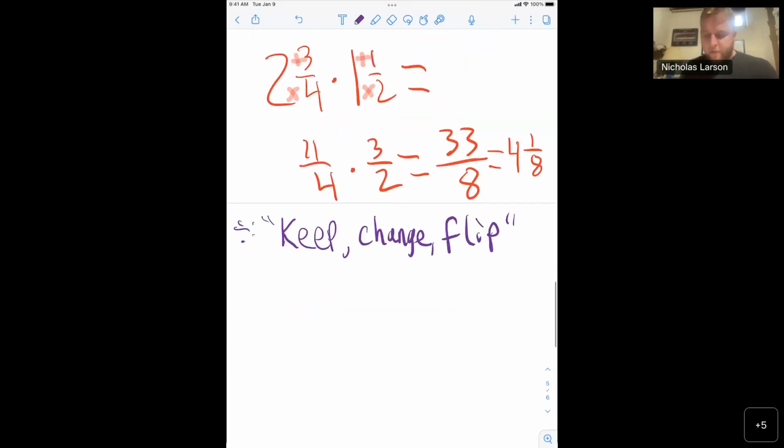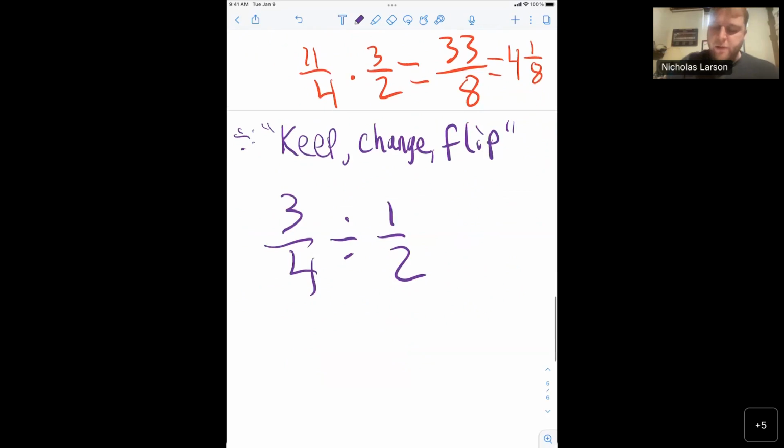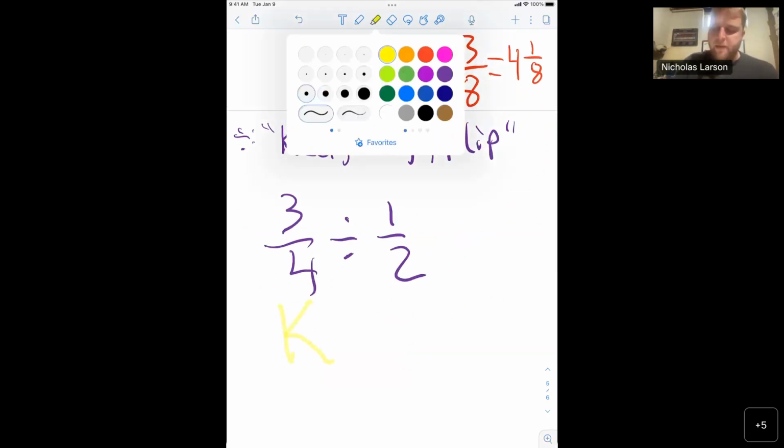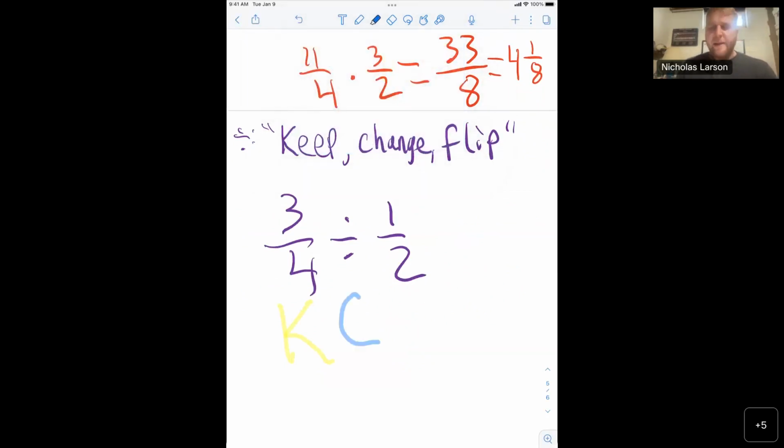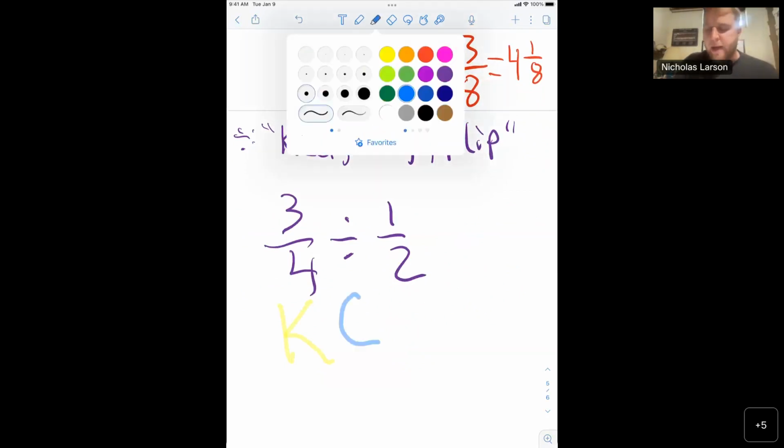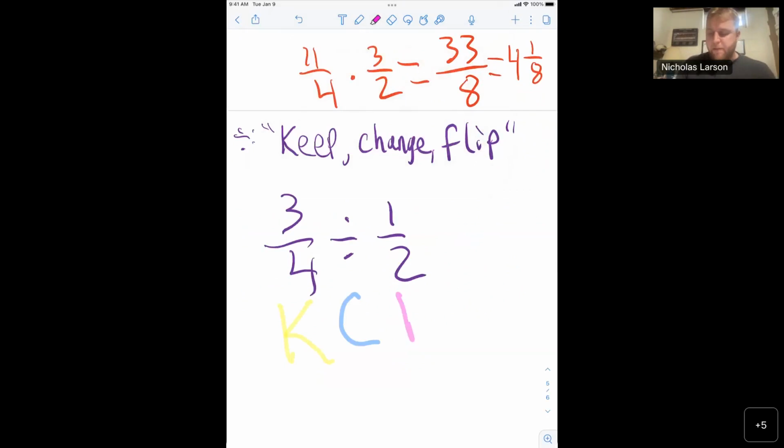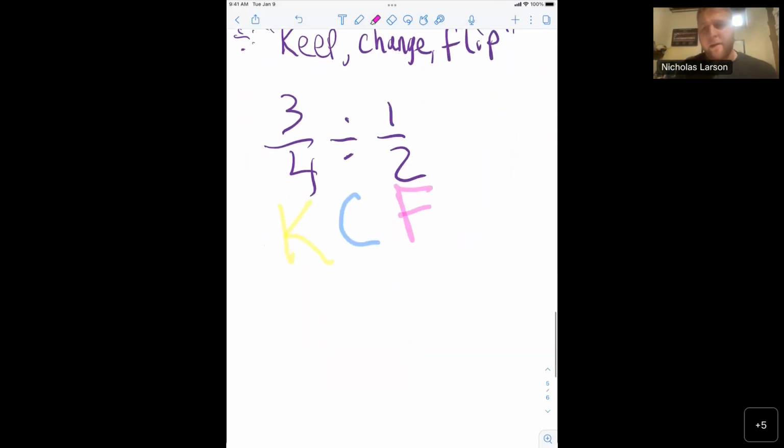So again, whatever my number is, 3/4 divided by 1/2, I'm going to keep my first number the same. I'm going to change my division sign to multiply, and I'm going to flip my numerator and my denominator. This is called multiplying by the reciprocal.